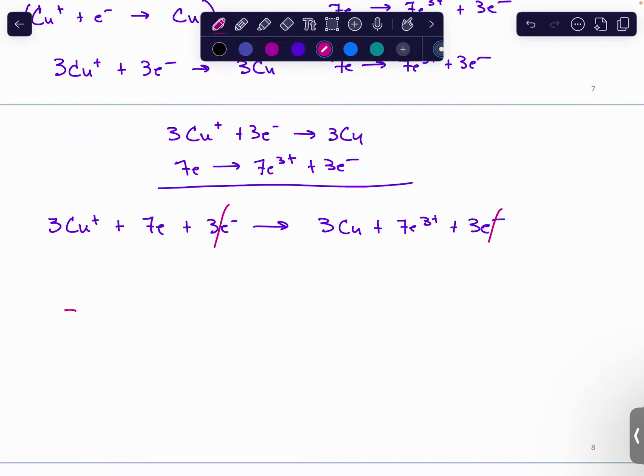And our balance, oopsies. Again, make sure when you finish, you have the right phases on things.